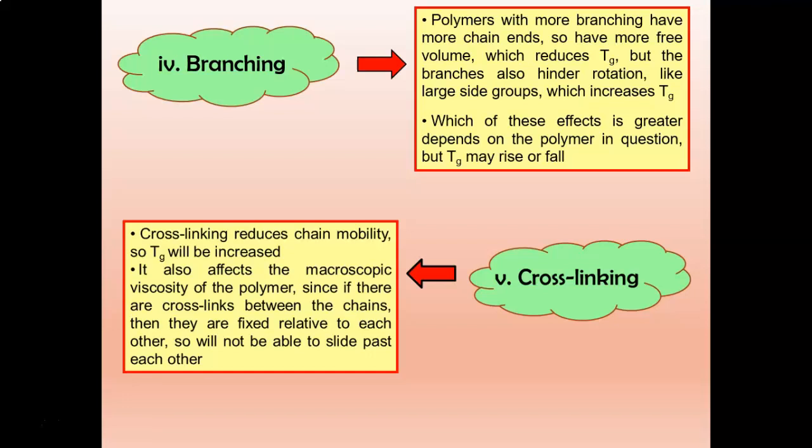So that's why it depends on the side group of the polymer attached to that branching. Okay. So if a large side group is attached, it will hinder the rotation, hence will increase the Tg. So which of these effects is greater depends on the polymer in question, but Tg may rise or fall.